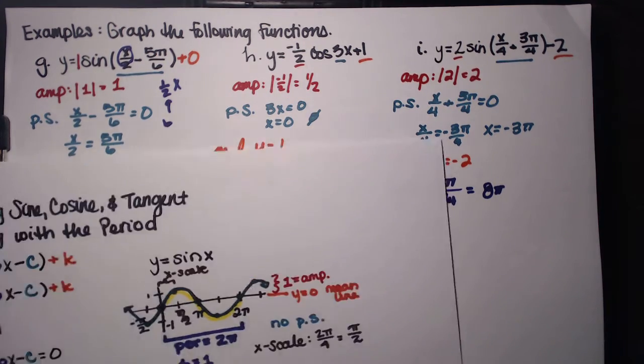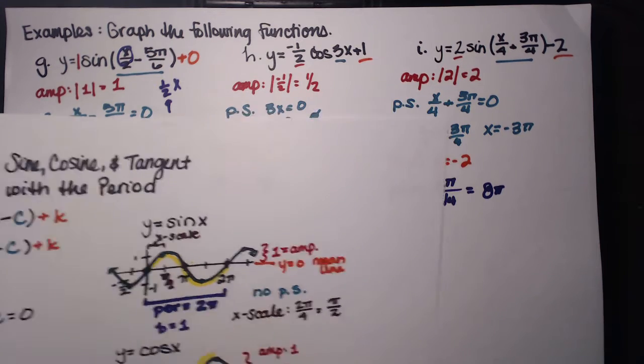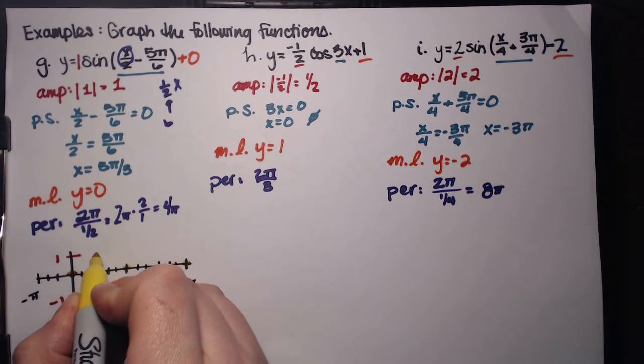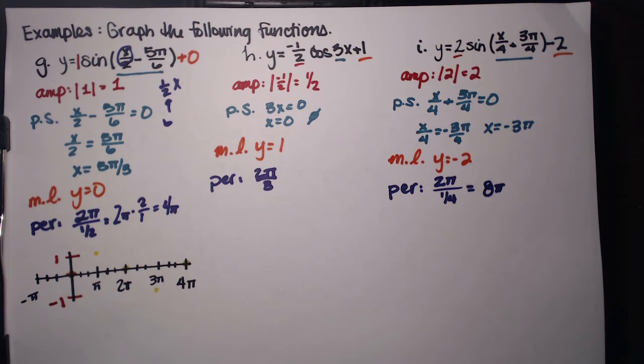So if we go back to our main function, start and end, halfway between it's at 0, halfway between those two it's at the top, halfway between these two it's at the bottom. So this is what it would look like, or those 5 dots. So I've got one at 0, then we go up, middle, bottom, and then at 4 pi. It's kind of hard to see, but I intended it that way.